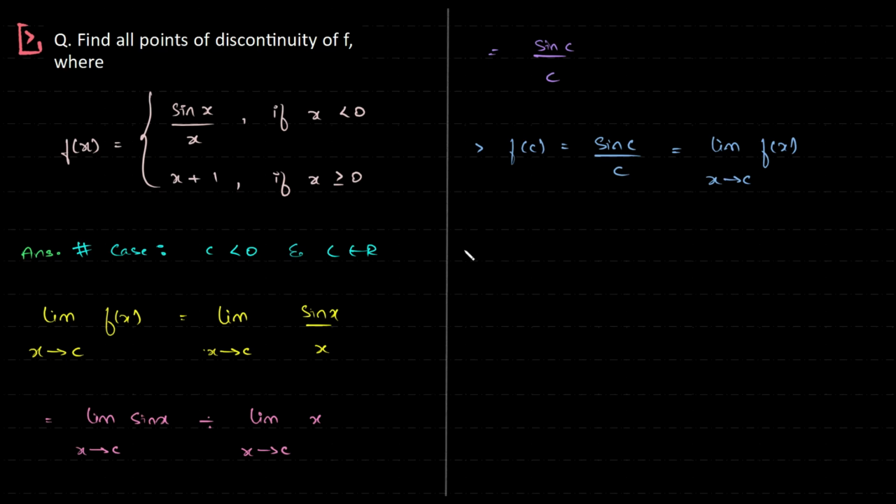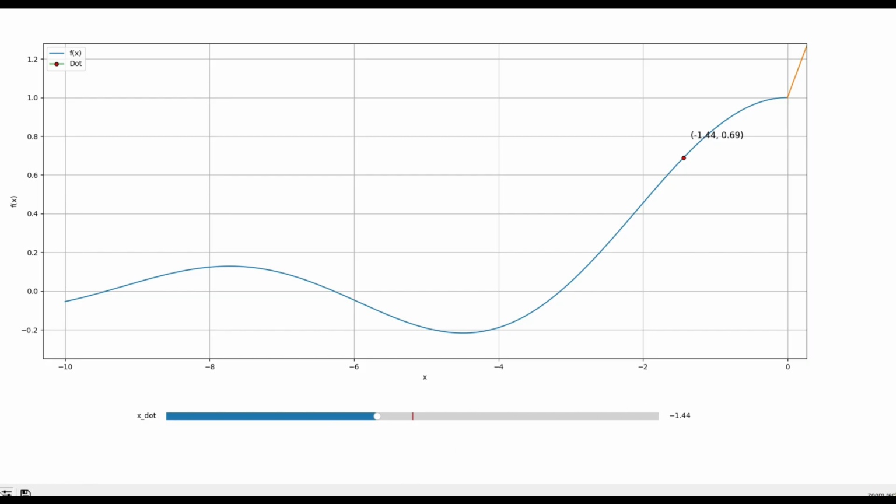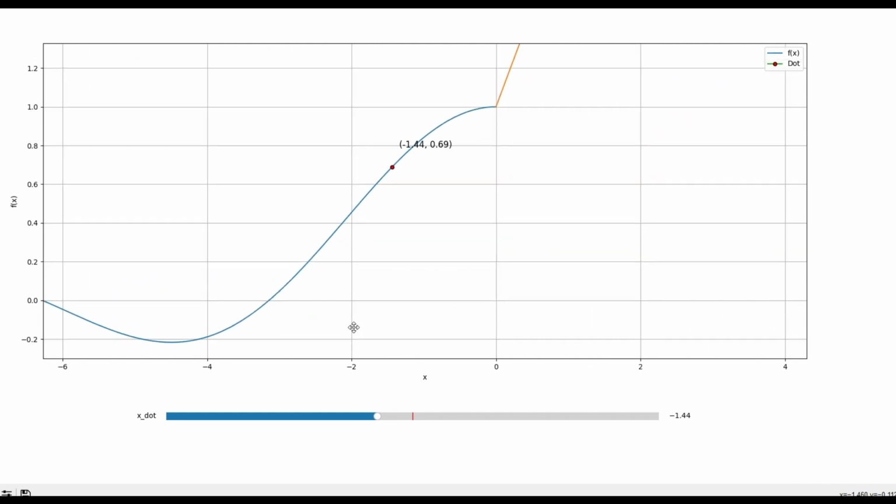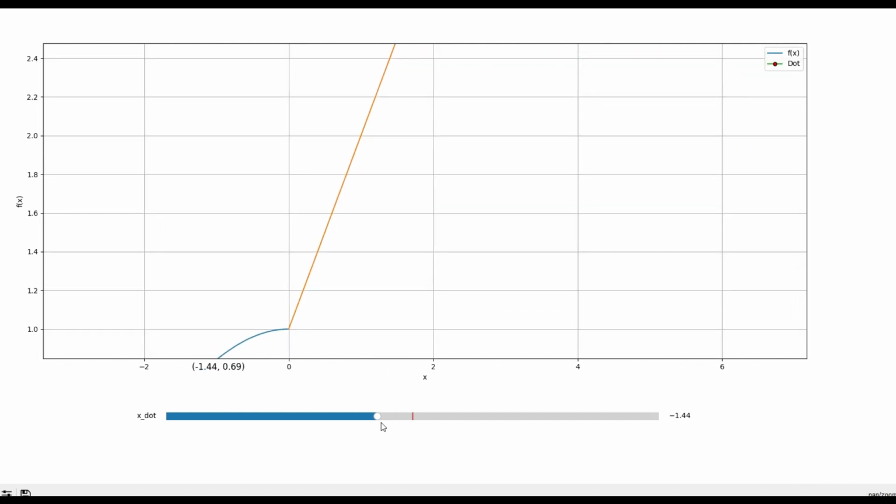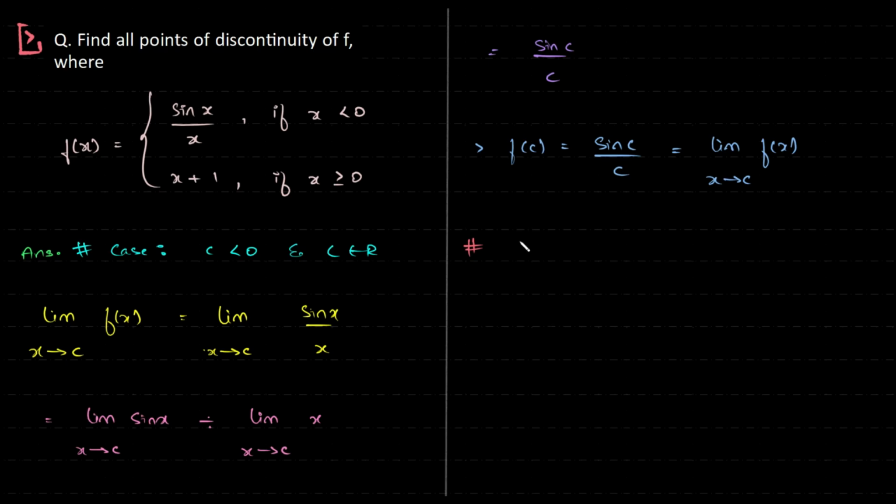Now we will go on to the next part, that is onto the right side. So more than 0, we have the same behavior, that is it's continuous. So we have case c greater than 0 and c belongs to R. So we have limit f of x as x tends towards c. It's a polynomial expression.